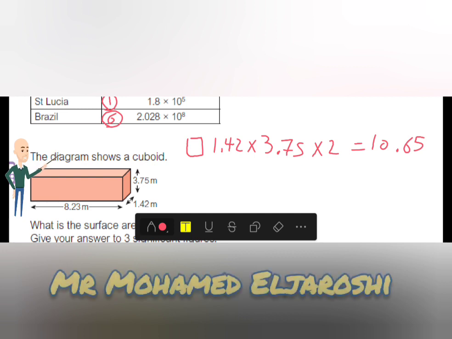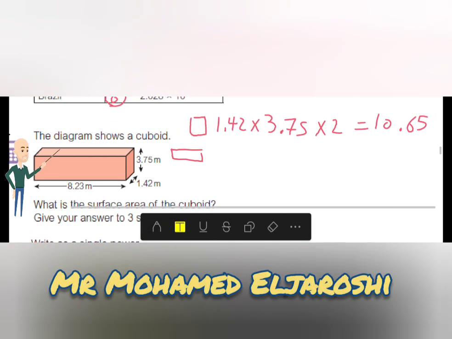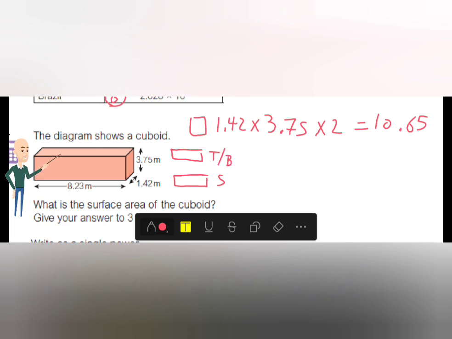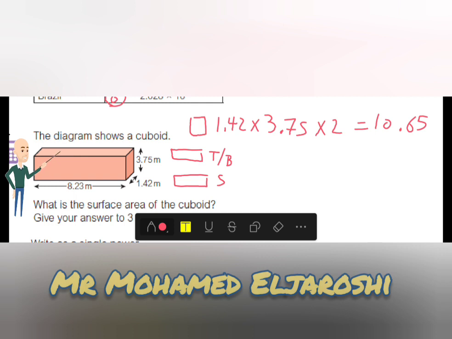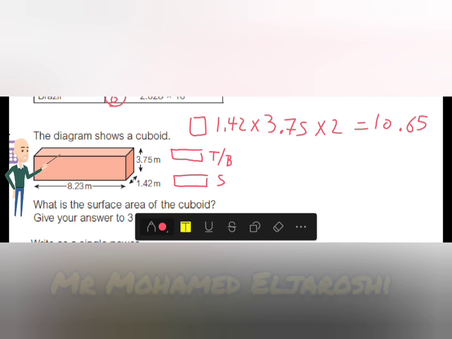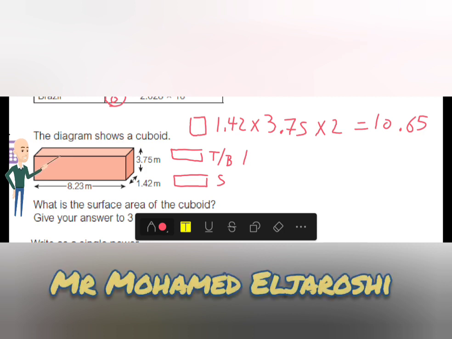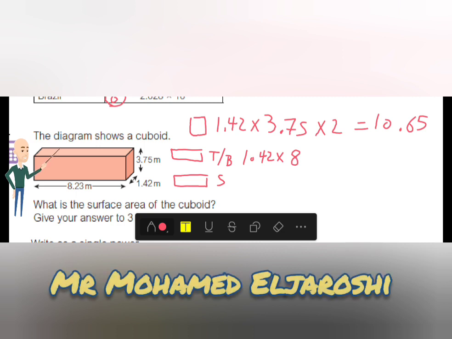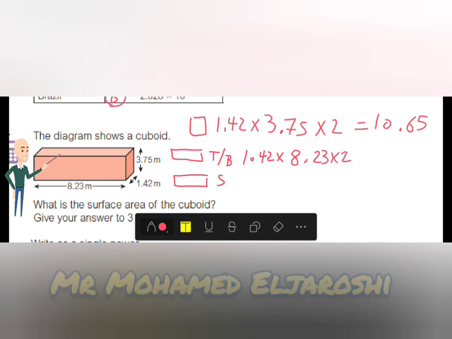And then we have two rectangles, one of them top and bottom, and the others are the sides. Okay, so these are the sides, and this one is top, bottom. Okay, so top, bottom, we find the area, and then we multiply it by 2. So it's 1.42 multiplied by 8.23, I'm sorry, and then multiplied by 2.